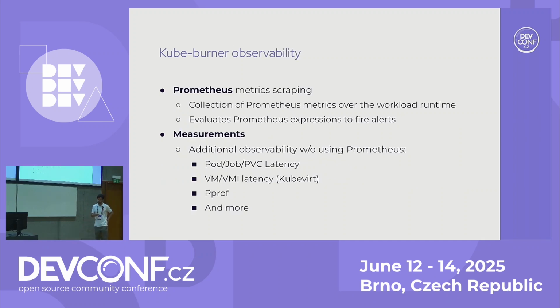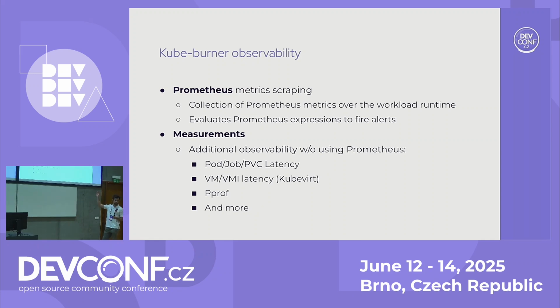Regarding kube-burner observability, as I said before, we support two approaches. The first one and the main one is Prometheus metrics scraping, which basically works by defining a series of Prometheus expressions and tagging them with what we call a metric name.